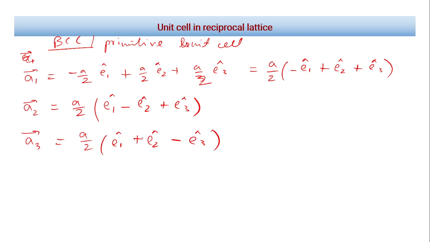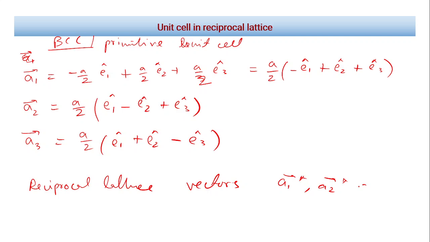So these were in real space BCC primitive lattice vectors or basis vectors. Now to construct reciprocal lattice vectors, A1 star, A2 star and A3 star, out of these we know the relation.